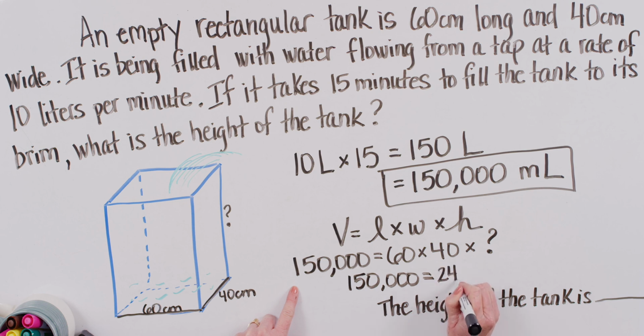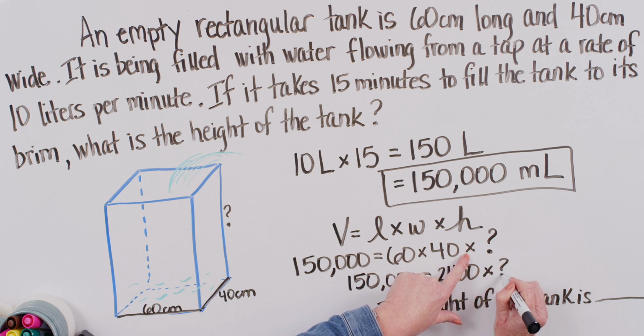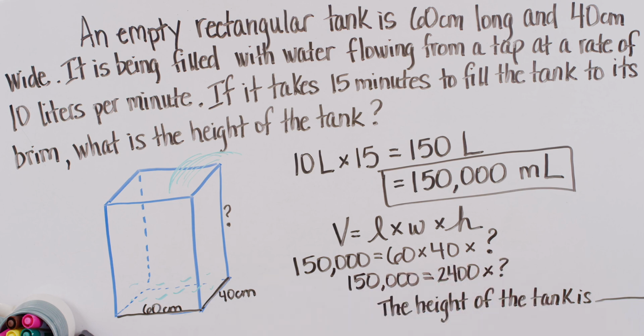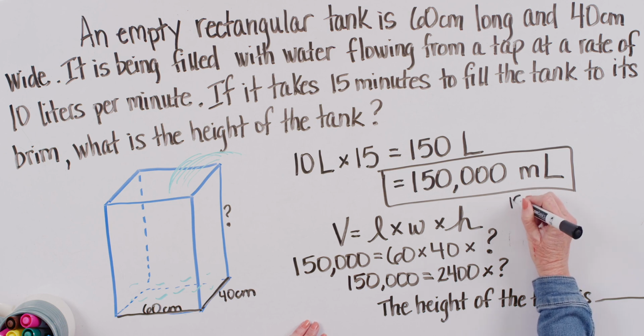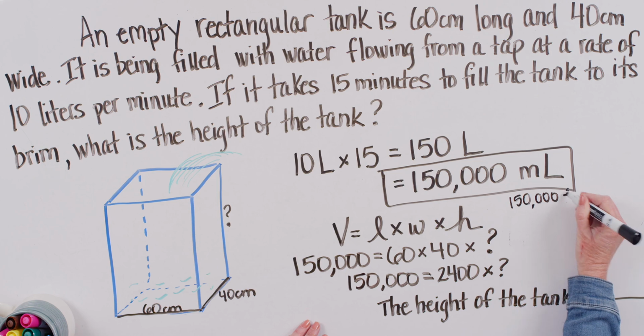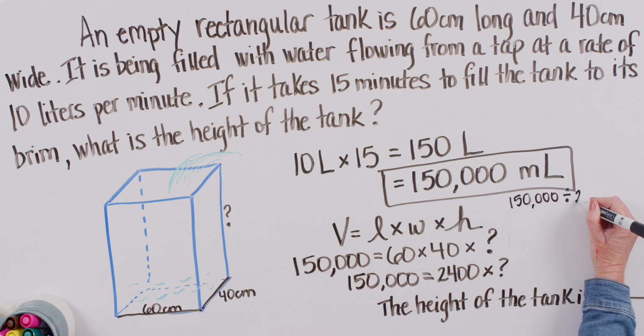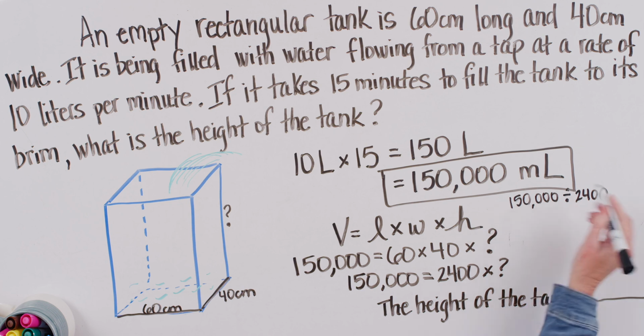You got it, 2,400 times its height, which is still our question mark. So we know to find this, we can take 150,000 and divide it by 2,400.